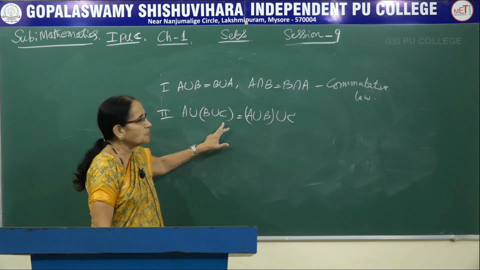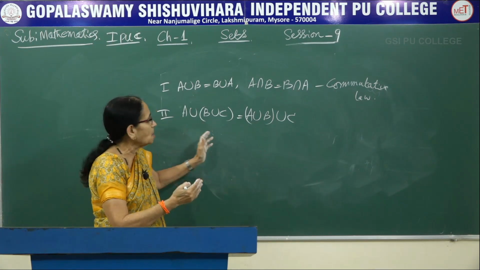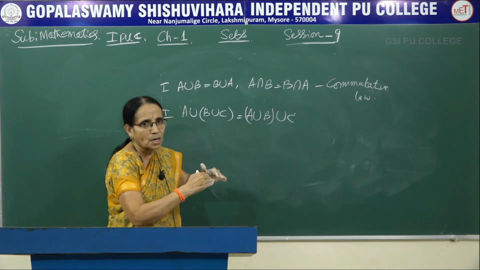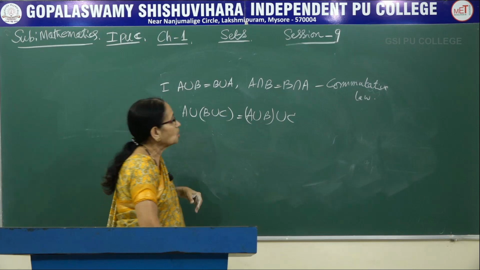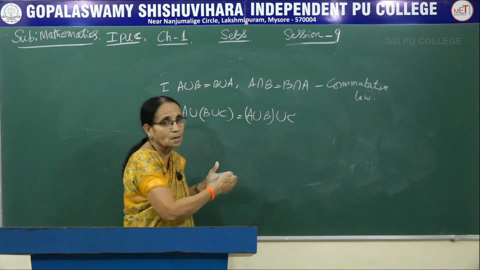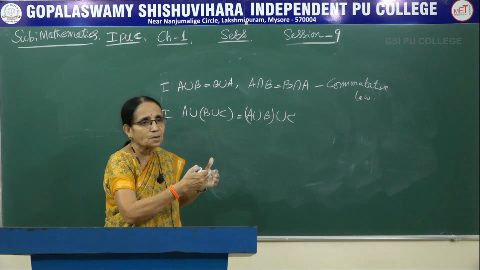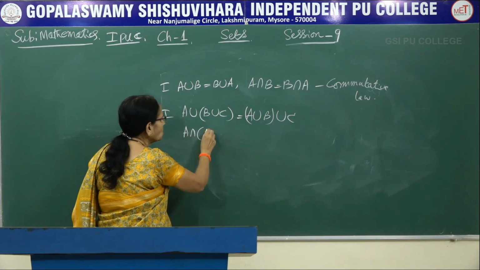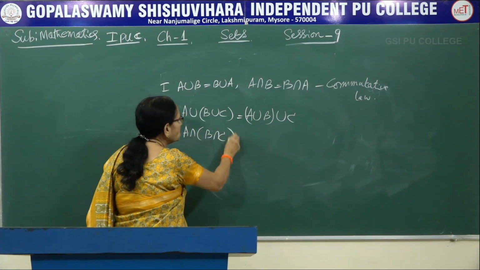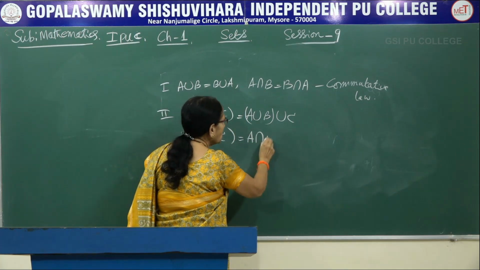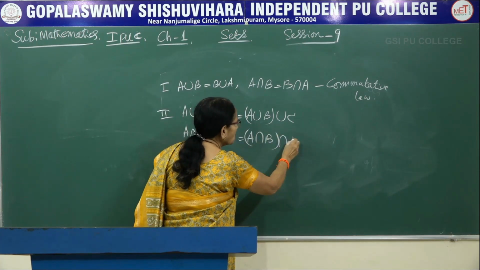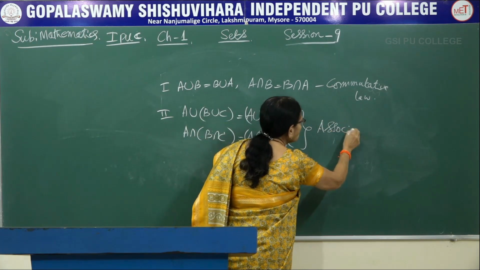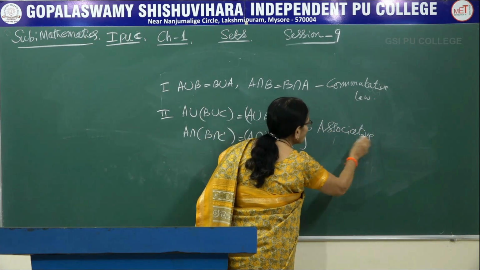First I have combined B and C, taken the union, then taken the union with A. Here A and B have been combined together, then with C. In both ways, in whatever order the three sets are taken with the union operation, the result is the same. The same thing holds good in the case of intersection also: A intersection B intersection C. Both of these are known as the associative laws.